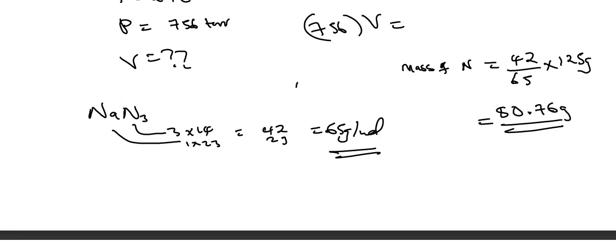So if this is the mass that we're having now, we can get the mass of nitrogen alone. If this is the mass of nitrogen in the whole sodium azide, we can now simply find the number of moles. Number of moles will just be the mass, which is 80.76.